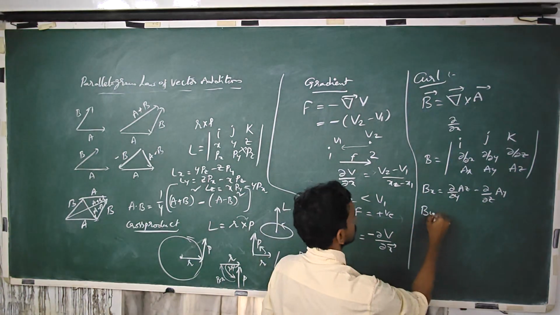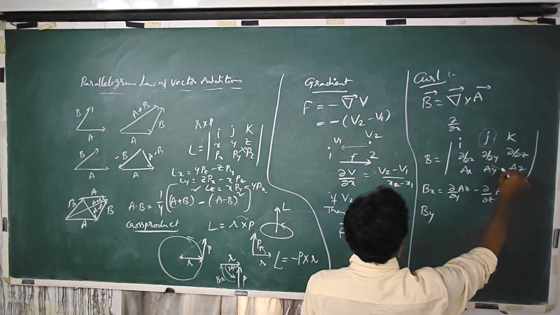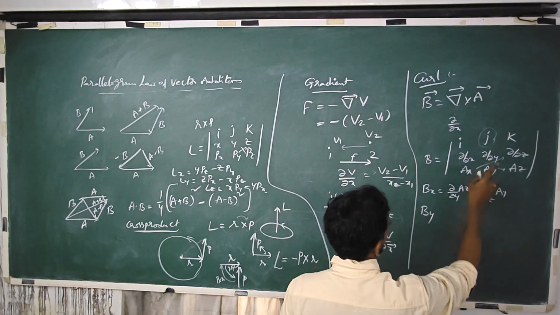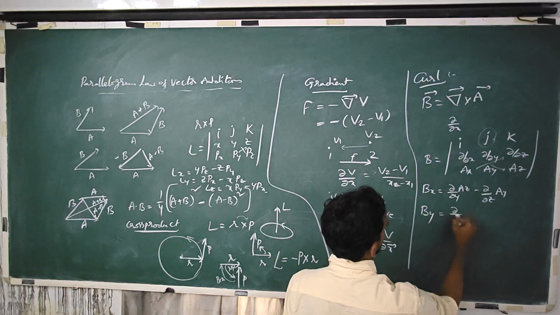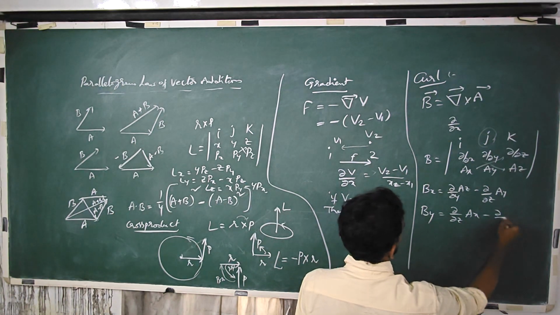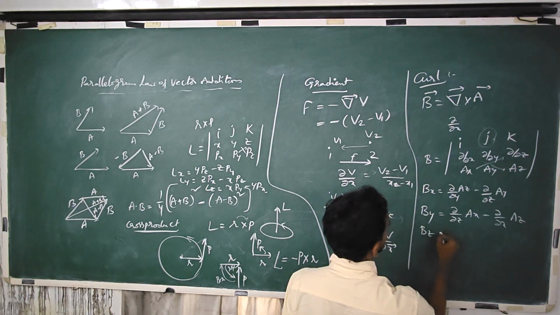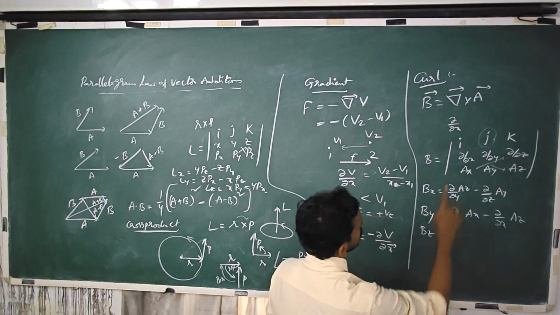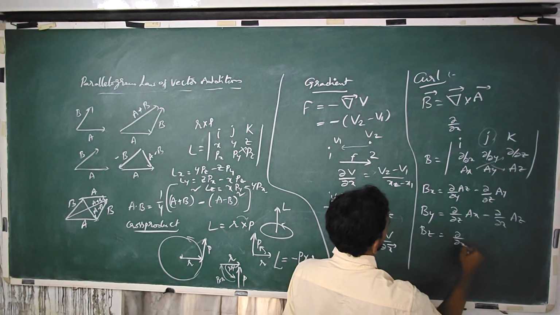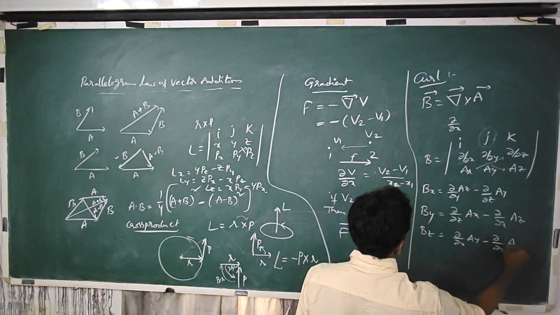And for By, to calculate the y component you have to take the other two and put a negative sign. So dou by dou z of ax minus dou by dou x of az, and Bz is dou by dou x of ay minus dou by dou y of ax.